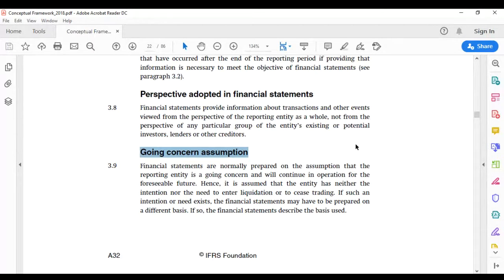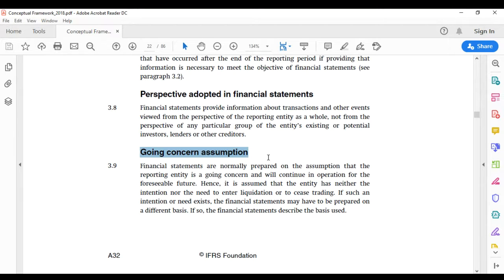Now, later on, when we get to IAS 1, we're going to briefly discuss this again.